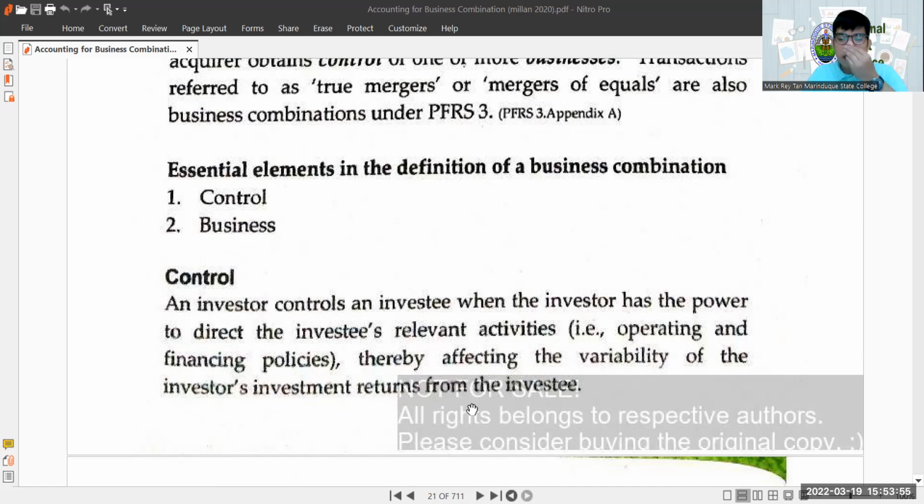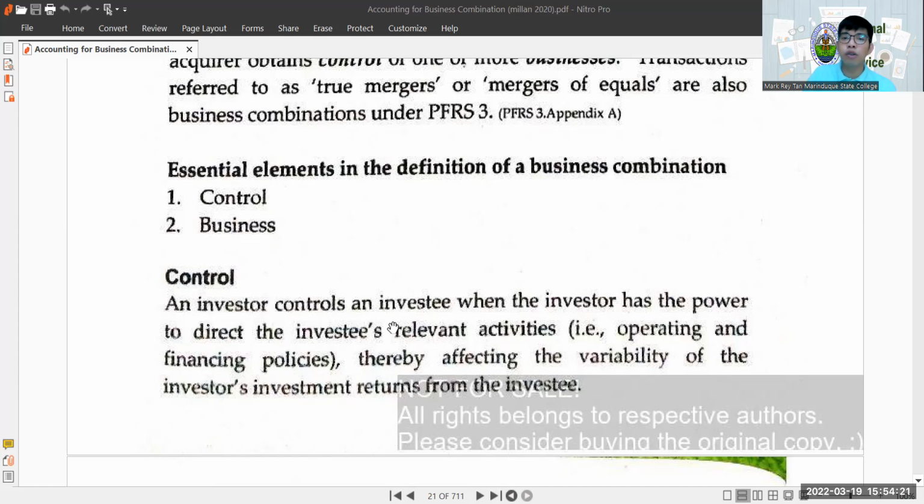So kumbaga dito, if you are the acquirer, since this is through stock acquisition, kung ikaw yung investor, ang point of view mo bilang investor is after a year, magkakaroon ka din ng return on investment.